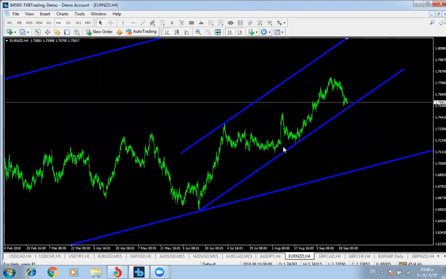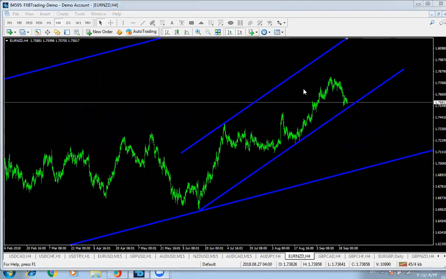Okay, so our trade exists within this piece of correction. So we have to pay more attention to this piece and try to find an appropriate entry point for our trade.